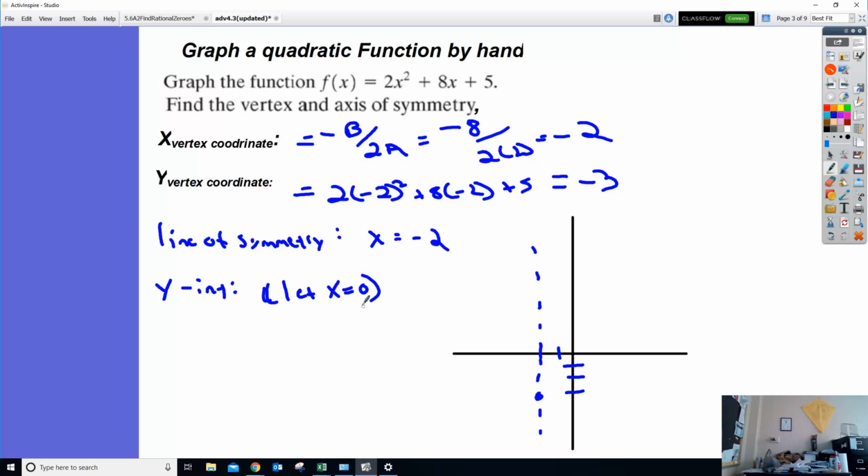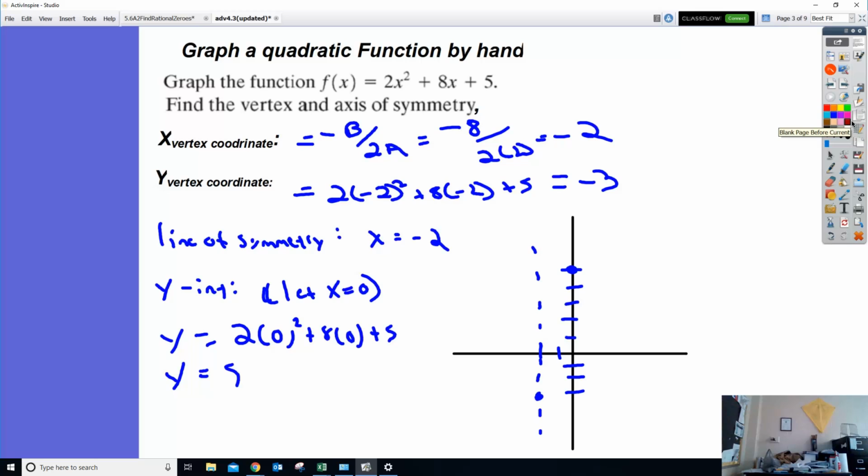That's pretty easy. If you plug a 0 in for x, every place that you see an x, what are you left with? 5 is 5. Right there. Now you actually have enough to graph this one.